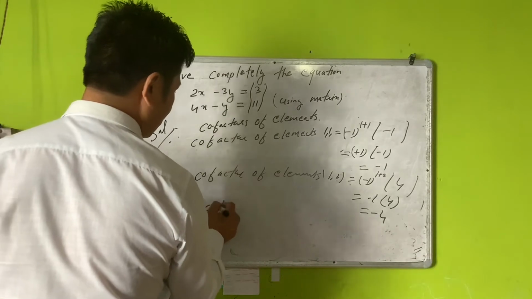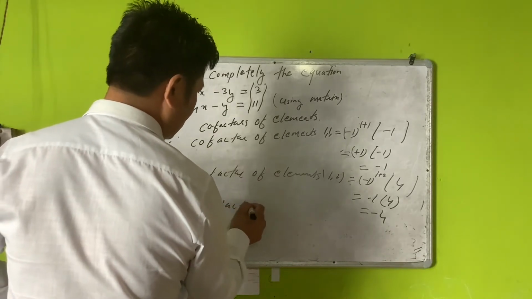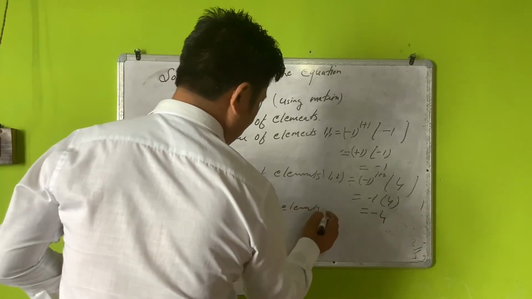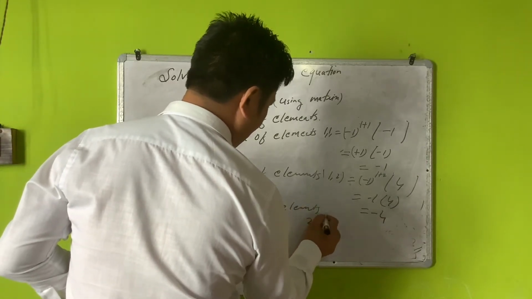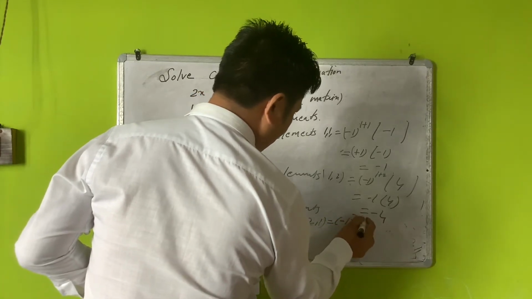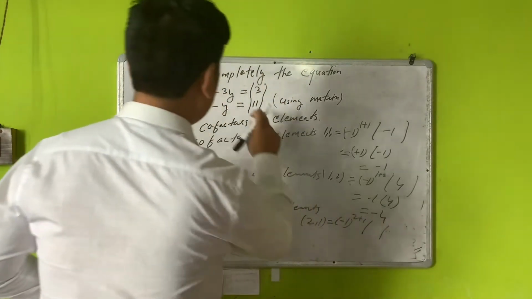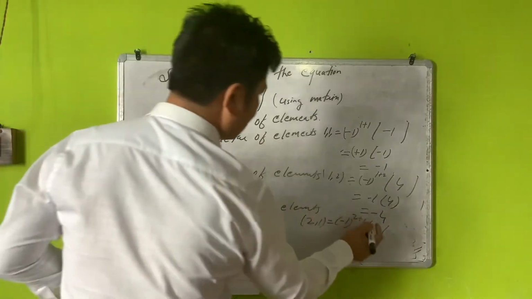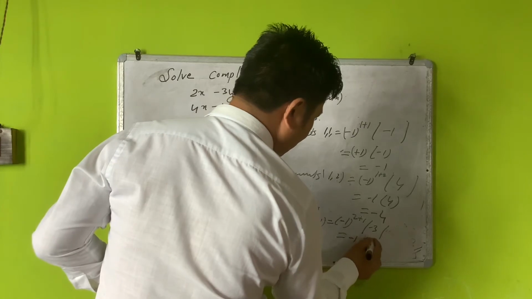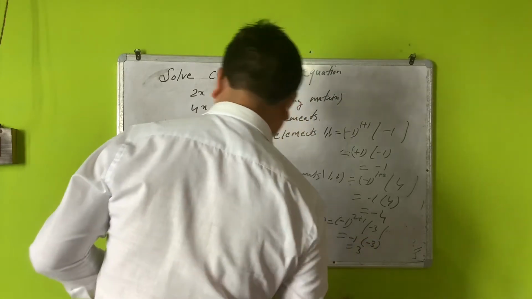The cofactor of element 2 1 is (-1) to the power 2 plus 1. The minor is -3, so -1 into -3 is equal to 3, right?